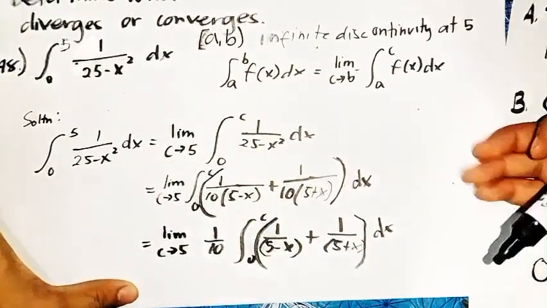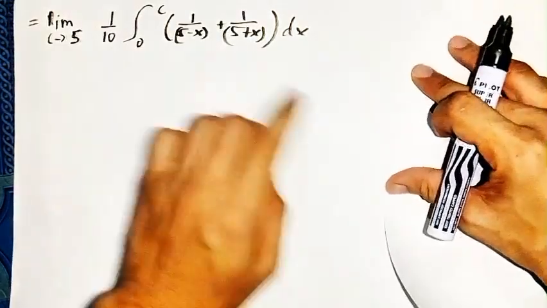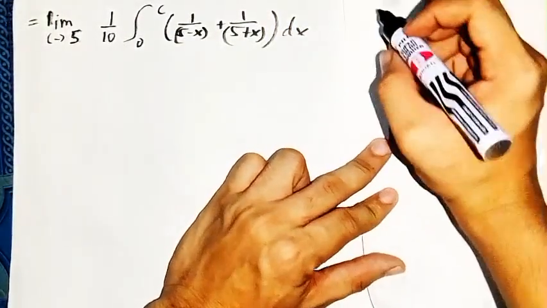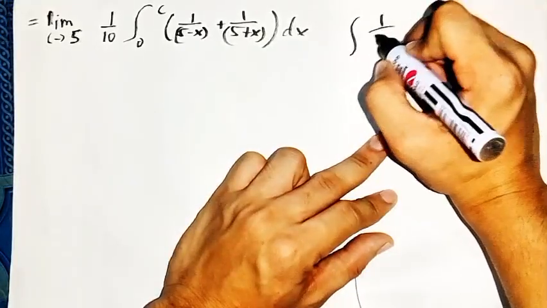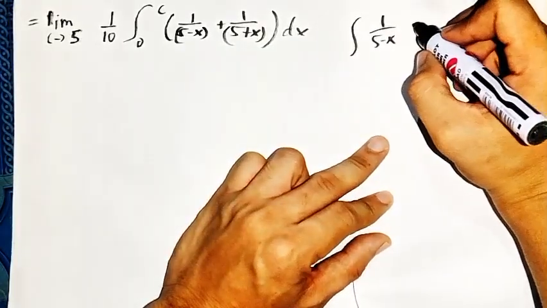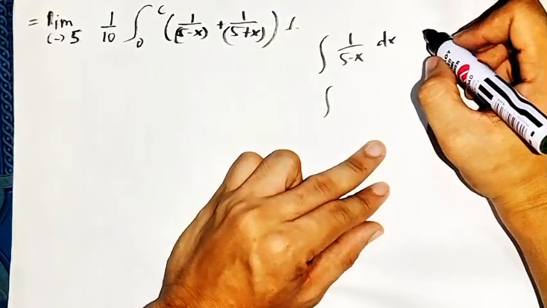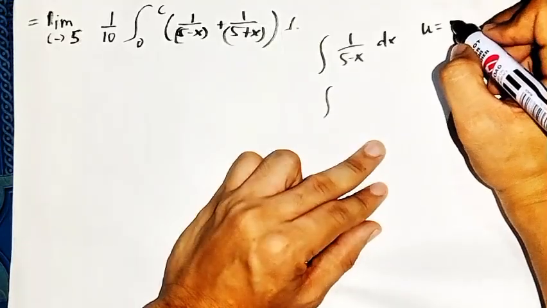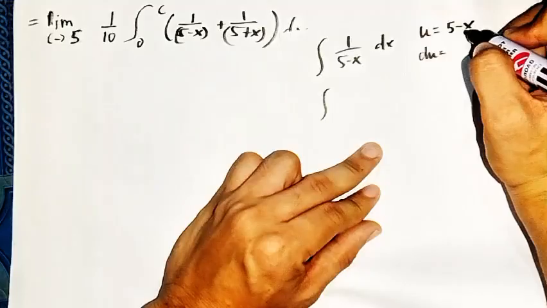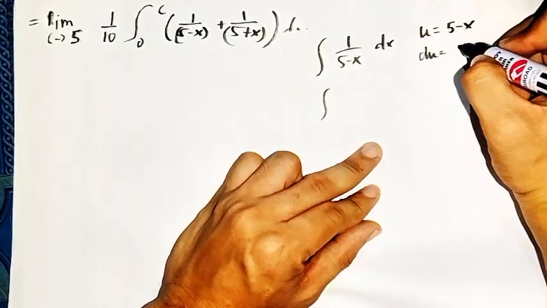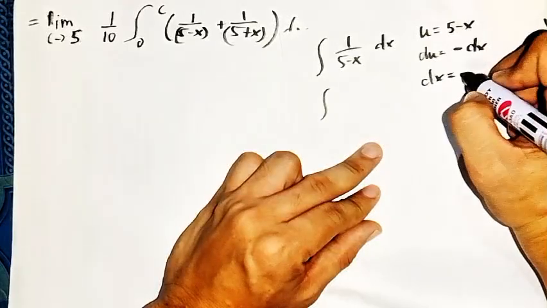Let's copy this. So to integrate this, let's first integrate the 1 over 5 minus x. So we have 1 over 5 minus x dx. Let's use substitution. So let u is equal to 5 minus x. du is negative dx. And our dx now is negative du.